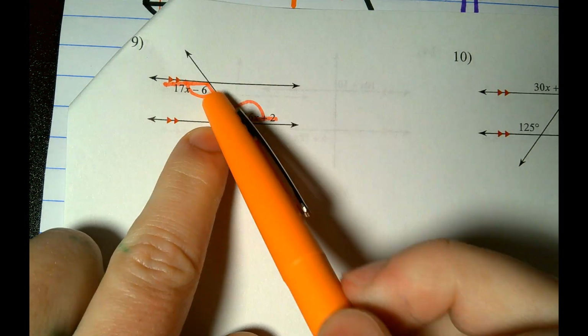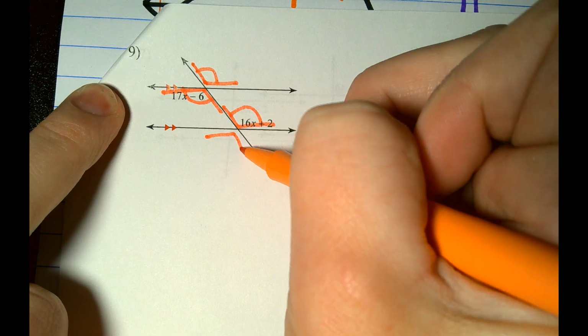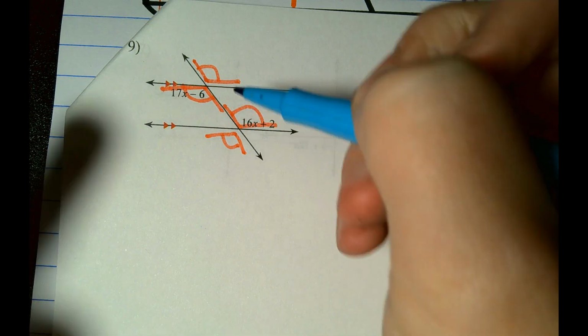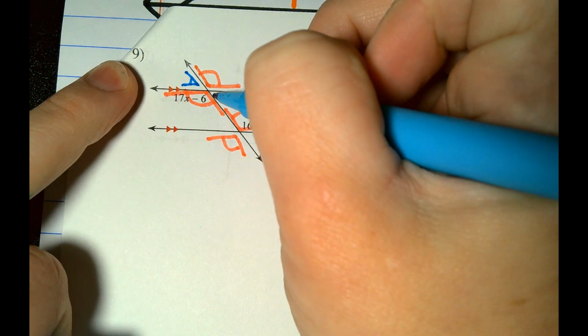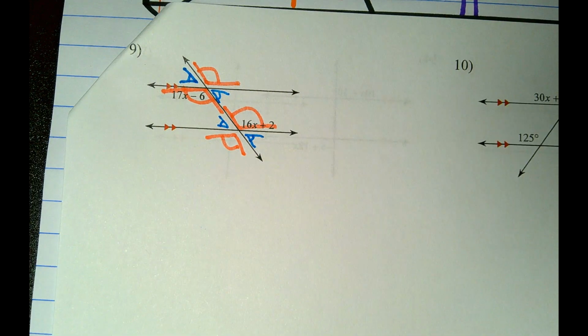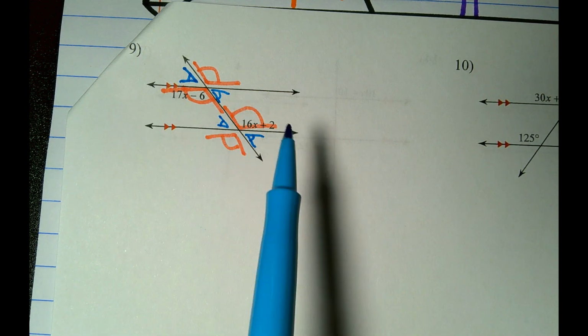So there's these angles, let's see. In here we have 4 angles that look like this, the big ones. And then we're going to have 4 small angles. Are these equal or are they not equal?